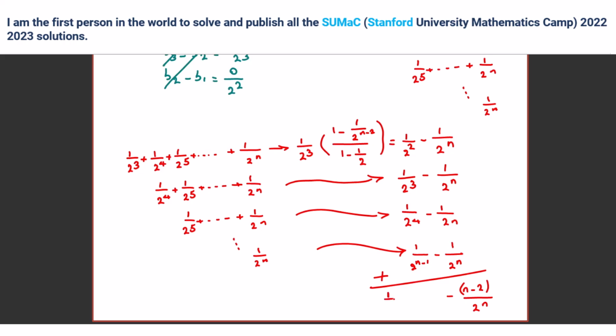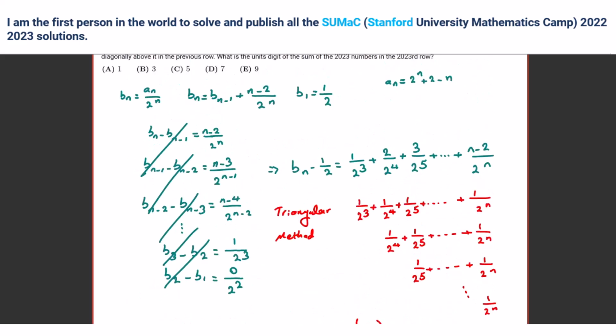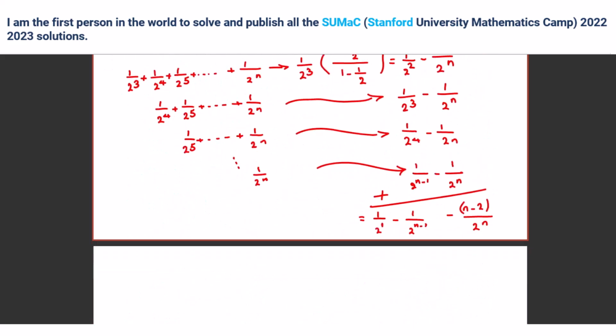So it's 1 over 2 to the what minus 1 over 2 to the what? 1 over 2 to the 1 minus 1 over 2 to the n. Exactly. 1 over 2 minus 1 over 2 to the n minus 1, because the last one is n minus 1. Okay, so this is Bn, and this is Bn minus B1, which is Bn minus 1 half, right?